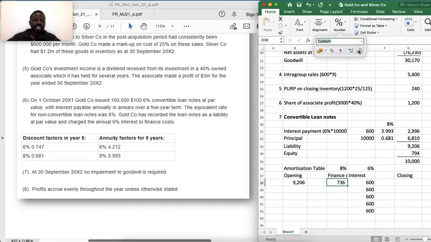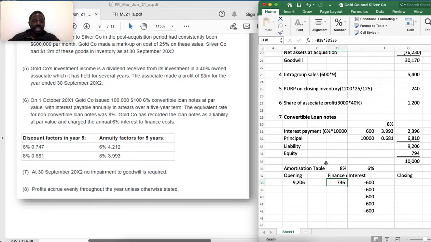Let's just remove the fractions there, copy the formatting, also copy that formatting so that at least you will not have problems. Now the interest is a payment, so it needs to be in brackets.